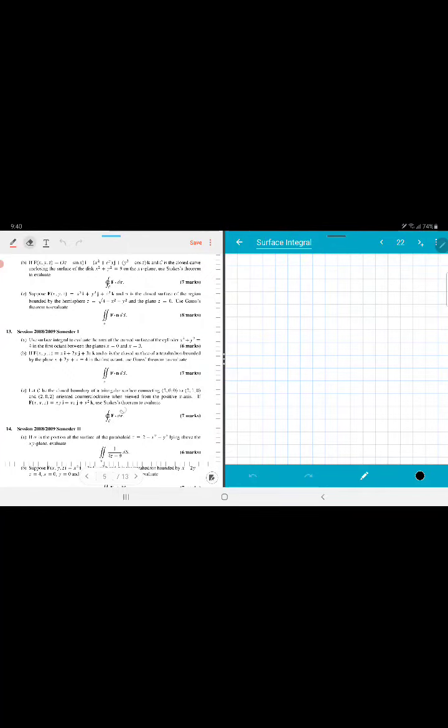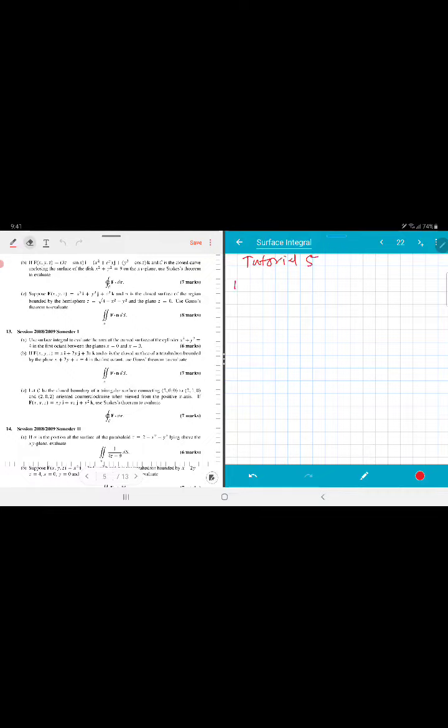What we're going to do is not evaluate the line integral, but evaluate the surface integral. It says that C is the closed boundary of a triangular surface connecting (2,0,0), (2,1,0) and (2,0,2), oriented counterclockwise when viewed from the positive x-axis.